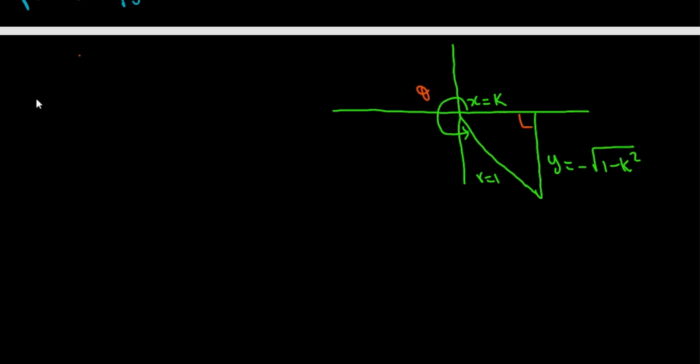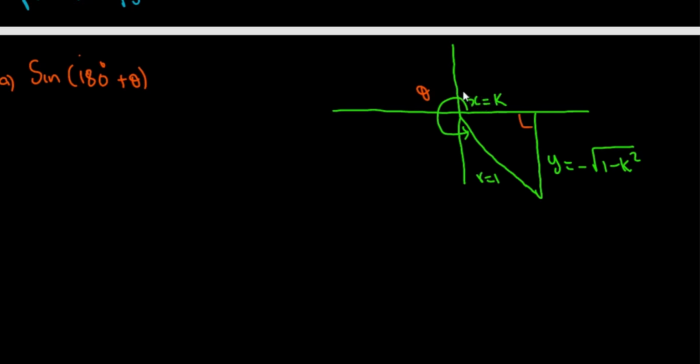So let's first answer the first question. We need to answer A. The first question says find the sine of 180 plus theta. Please don't forget, we are reading from the diagram.